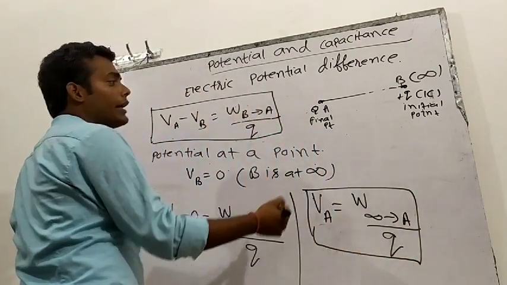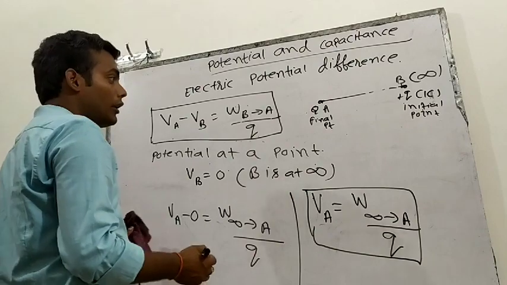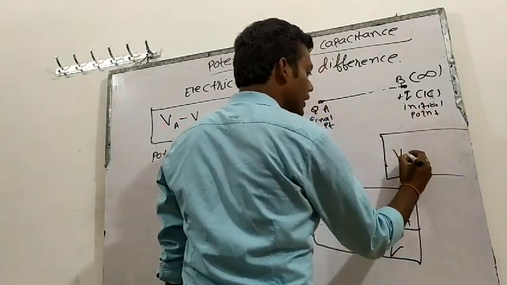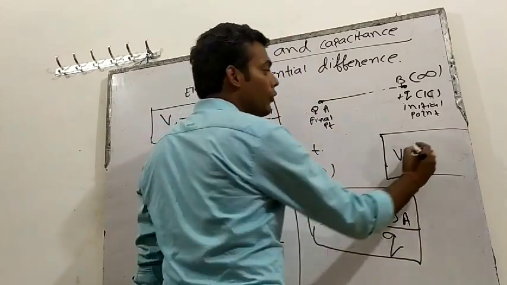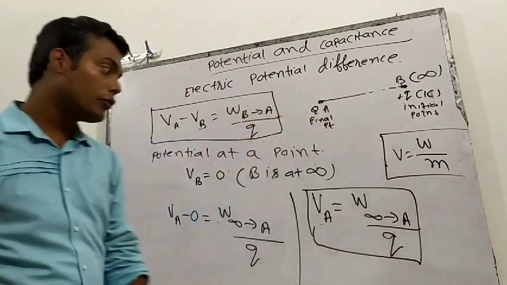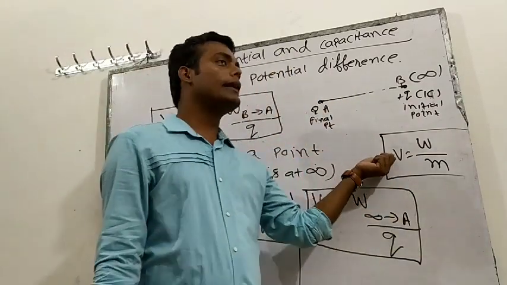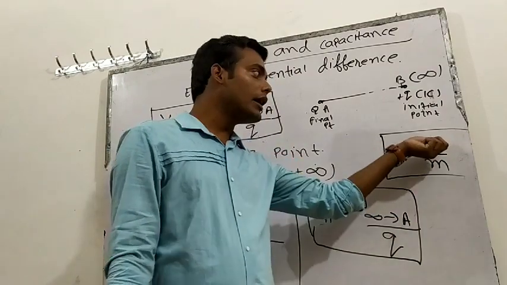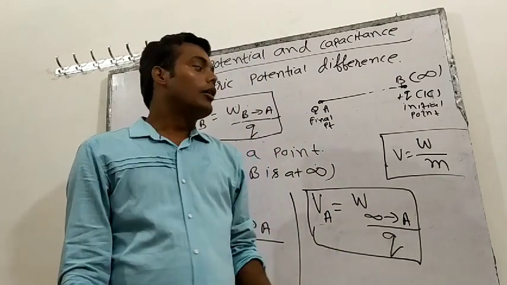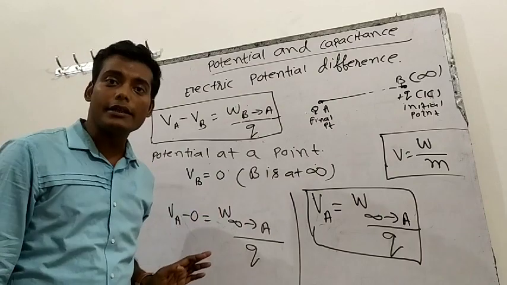Can you understand that this formula was coming in gravitation also? If you remember gravitation, what was the gravitational potential? Gravitational potential was defined as work done in bringing a unit mass, that means 1 kg mass, from infinity to any particular location.